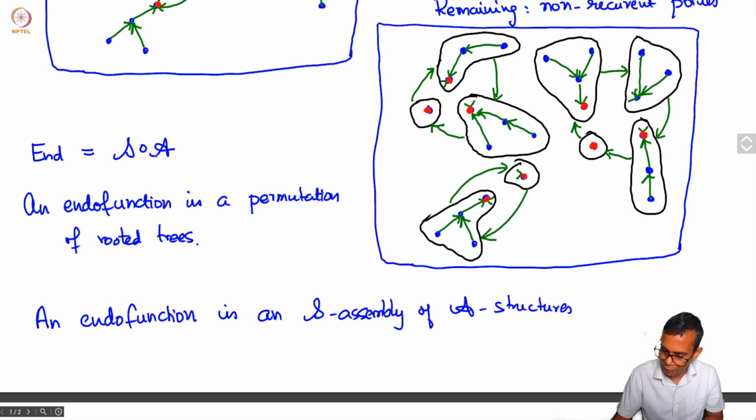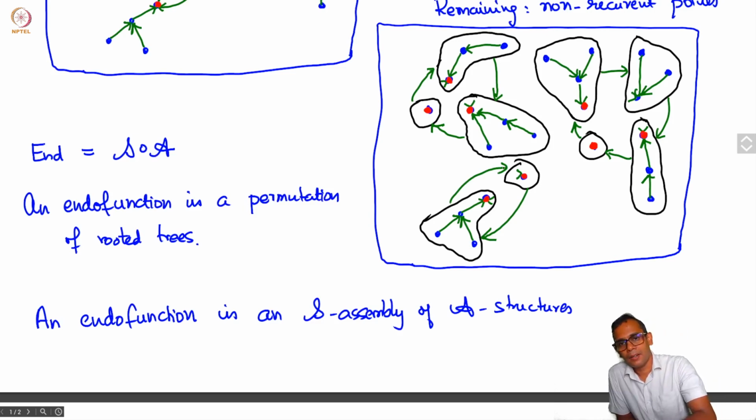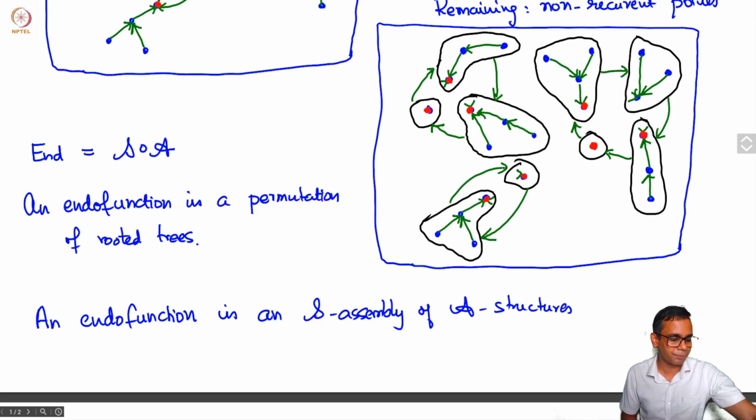S circle A. What we've done is we've taken the whole set U, partitioned it into pieces. On each piece we have put the structure of a rooted tree, and then on the set of rooted trees we have put the structure of a permutation. And this picture here is visual proof that End is S circle A.